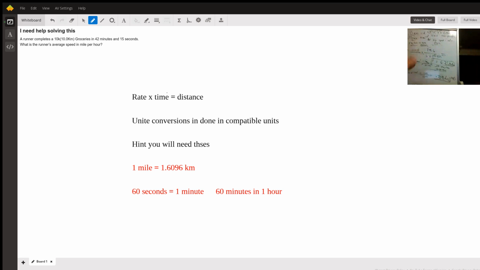So I'm going to use red for this one. Just bring this screen down a little bit. There we go. So I'm going to rewrite it again, just kind of chug and plug. We have my rate, and my rate is what we're trying to find.